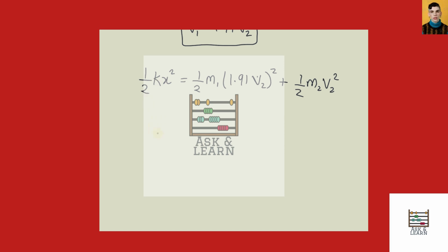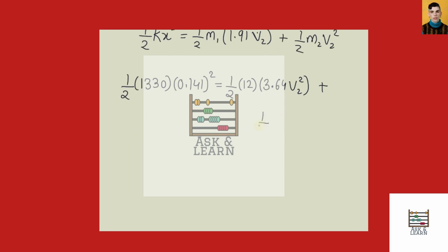We get 1 by 2 times k, which is 1330, times x, which is 0.141, squared, equal to 1 by 2 times m1, which is 12, times 3.6481 v2 square, plus half m2, which is 23, into v2 square.